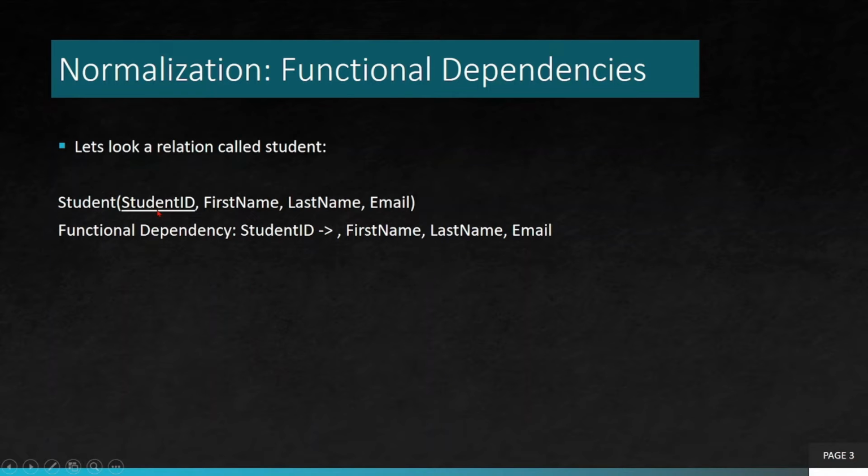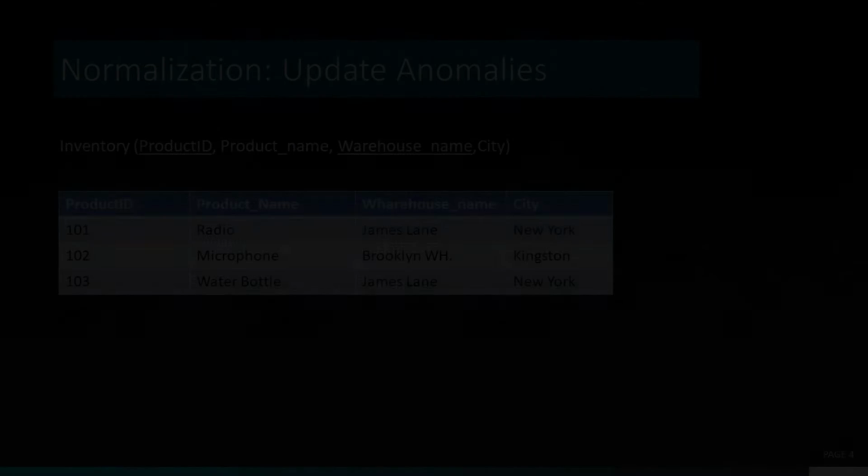So we say the student ID functionally determines the first name, last name, and email address, and email address, last name, and first name is functionally dependent on student ID. And the other fields or attributes are typically dependent on your candidate key or your primary key.